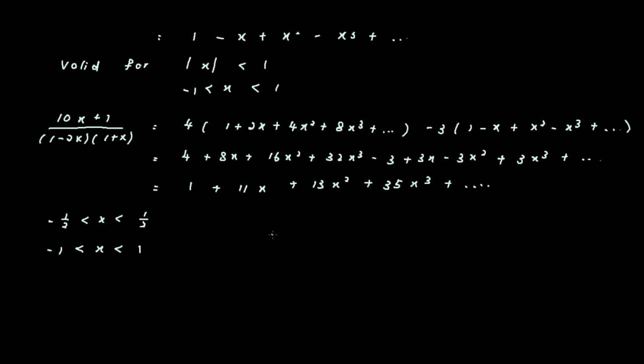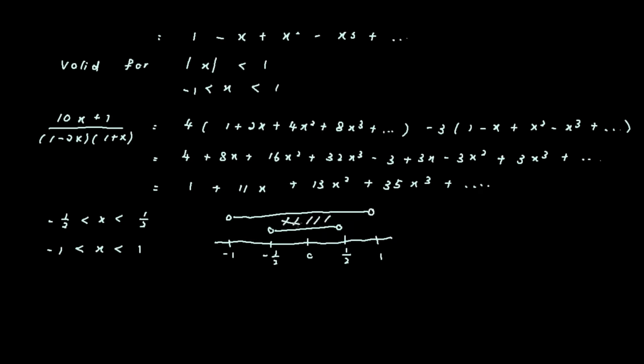So what you can try to do is draw a simple number line like what you have learned previously in P1. The numbers that you have are -1, -1 over 2, 0, 1 over 2 and also 1. The first range tells you that it will be between negative half to half. Then the second one is from -1 to 1. Which is the part that satisfies both? It is going to be here only, right?